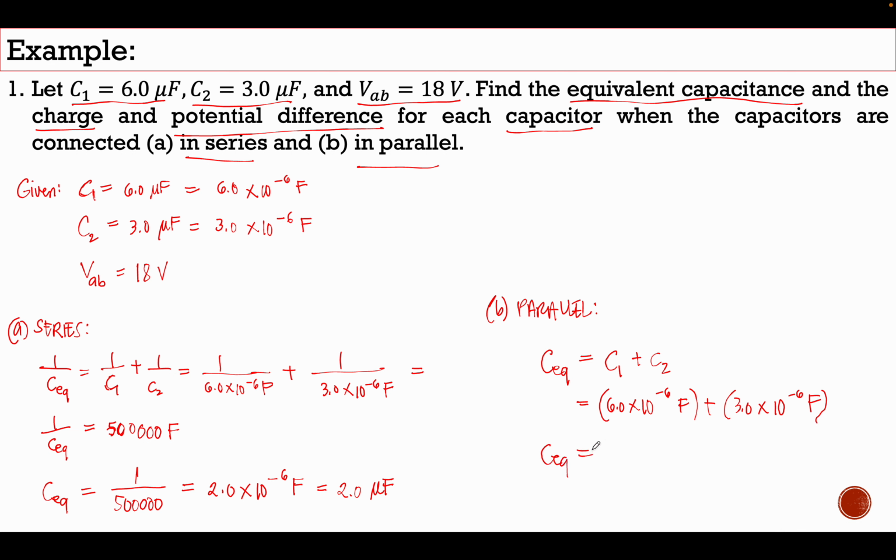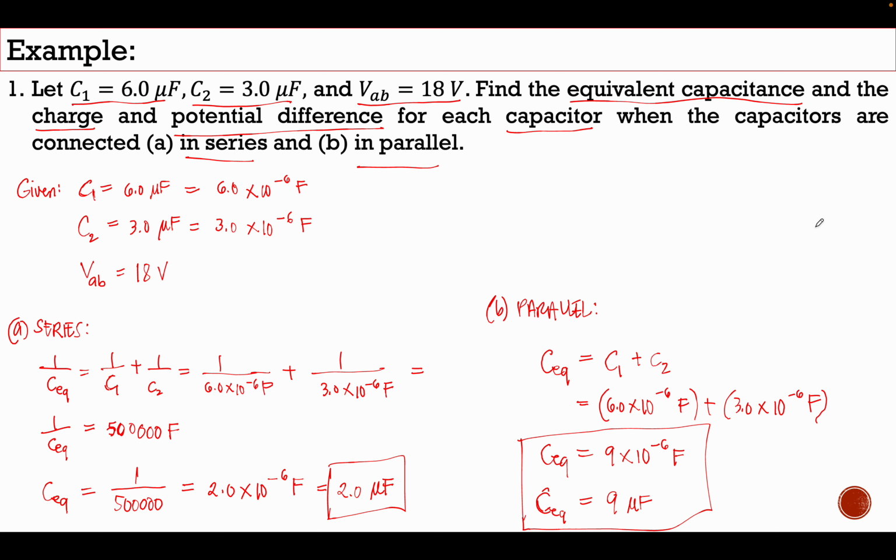So the equivalent capacitance is equal to 9 times 10 to the power of negative 6 farad, or we can also have it as 9 microfarad. So this is our equivalent capacitance in parallel, and also our equivalent capacitance in series is 2 microfarad. So again, we are done solving for the equivalent capacitance.